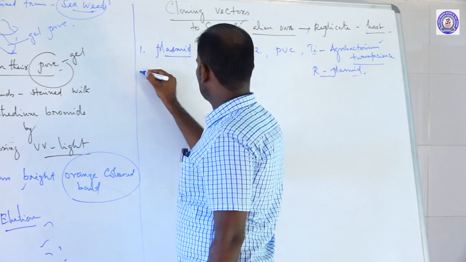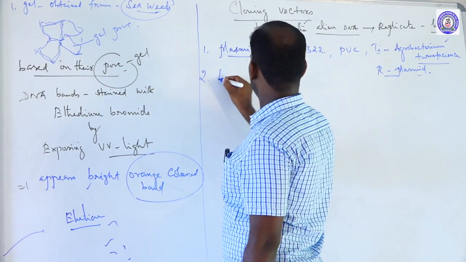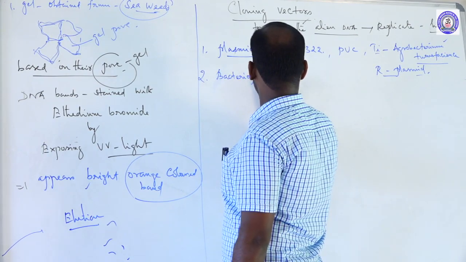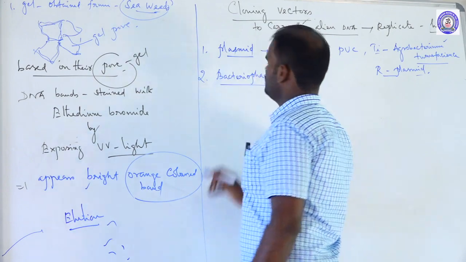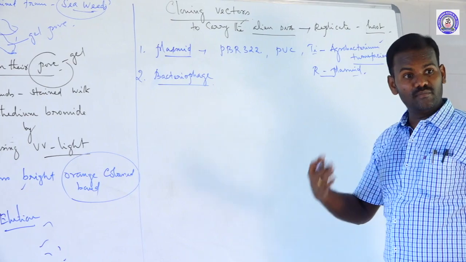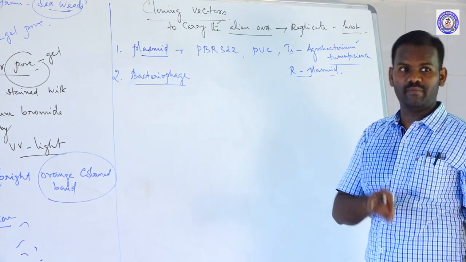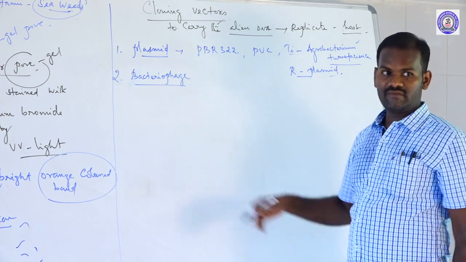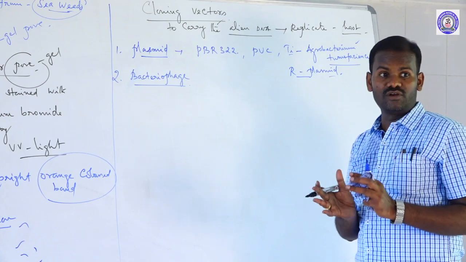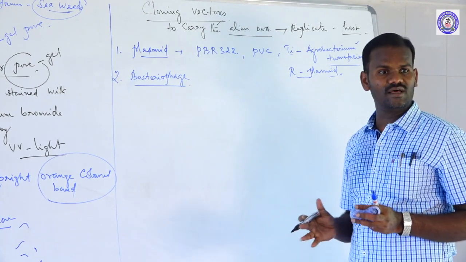The second vector used in recombinant technology is the bacteriophage. Bacteriophages independently multiply and replicate themselves in the host organism, especially bacteria. It is a virus, and viruses multiply independently. They use the protein synthesis machinery of the host organism because they are acellular and do not possess any cellular components.